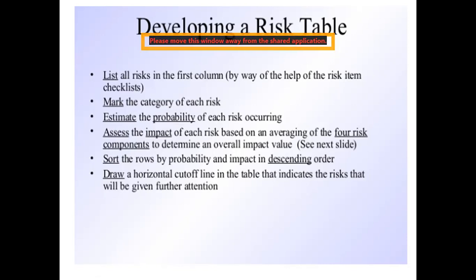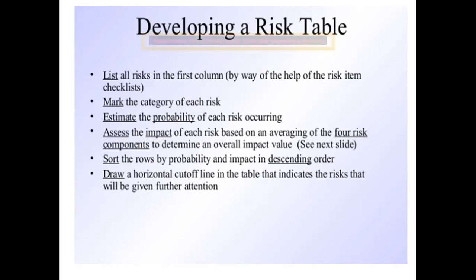We could consider either ascending or descending order, but here it is already mentioned that we will always use descending order. And at the end, we will draw a horizontal cutoff line in the table that indicates the risks that will be given further attention.